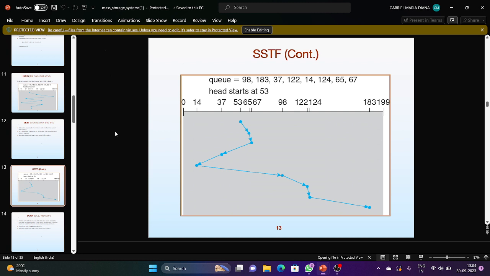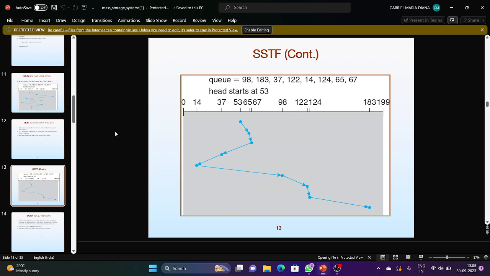Initially it starts wherever the read write head points at the platter, and it serves whichever process has the shortest seek time.